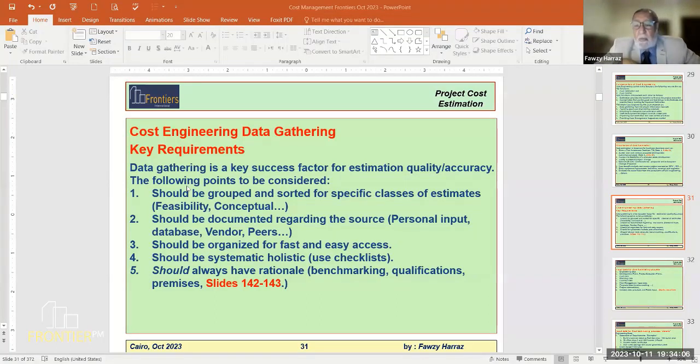When we make an estimate, we present it for approval. It's not just the final thing. And our seniors or the management will normally ask you, where did you get that figure? So you should be prepared to answer: I brought this from a similar project, I got this from the database of the company, I got this from a peer, that was my experience.